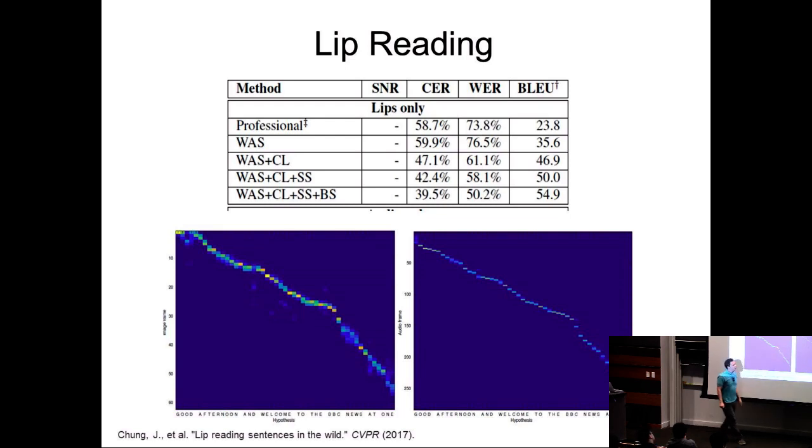It's nice that, just like in everything else we've seen so far, the model is able to align what the person is saying with the lip movements, which is kind of cool.